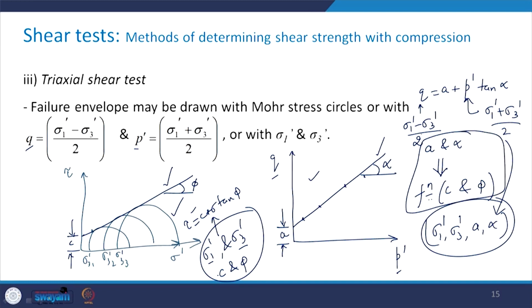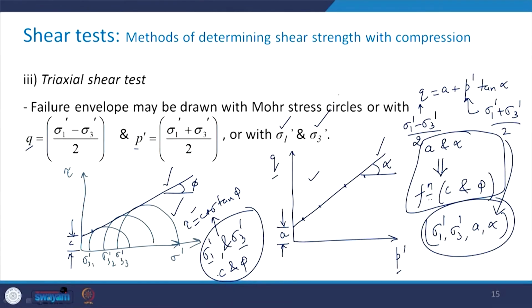So, this is how the shear strength characteristic can be found out using the data which you obtain from the triaxial shear test. Similarly, when you plot between sigma 1 prime and sigma 3 prime, you can do a similar exercise and find out the shear strength parameters.